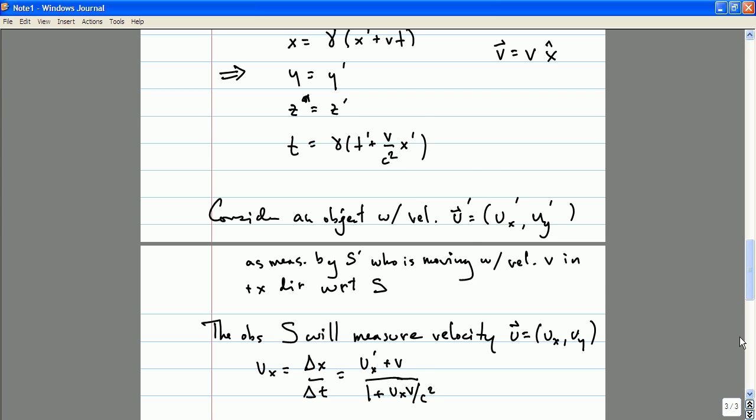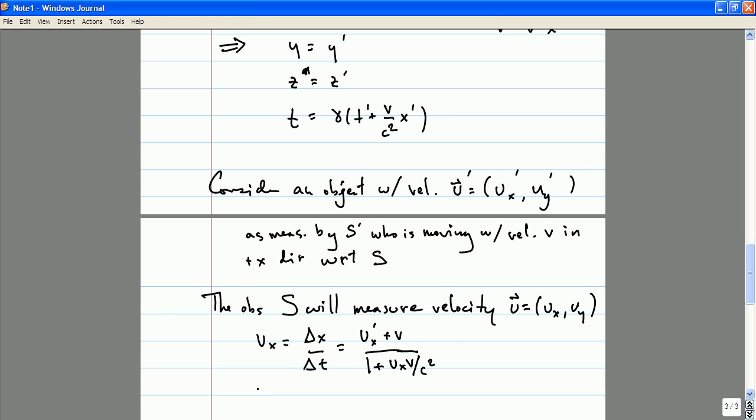And Uy is computed similarly by studying delta y over delta t. So that, just plugging in this formula up here, is delta y prime over gamma times delta t prime plus v over c squared delta x prime.